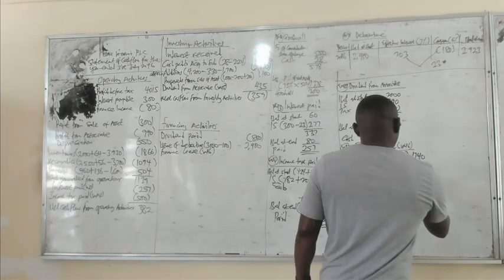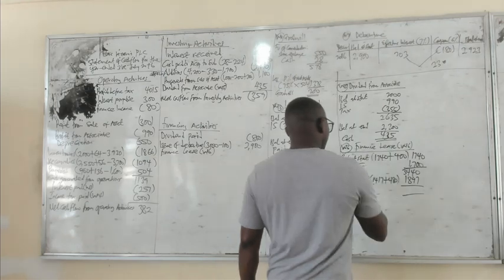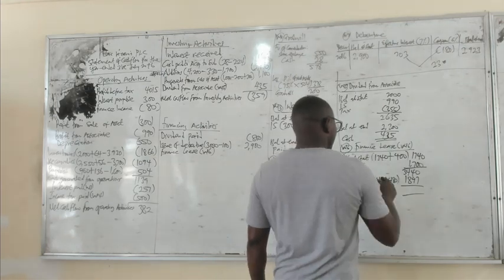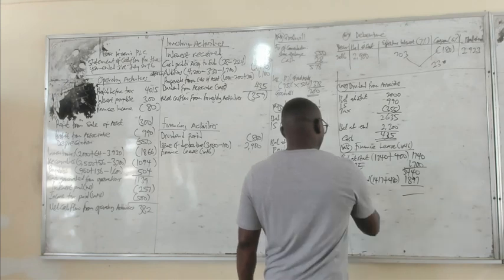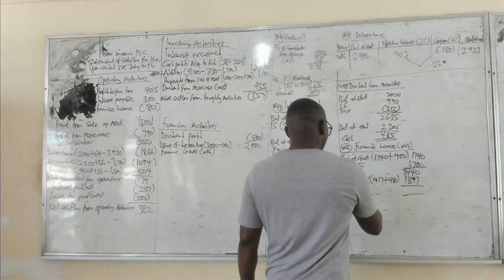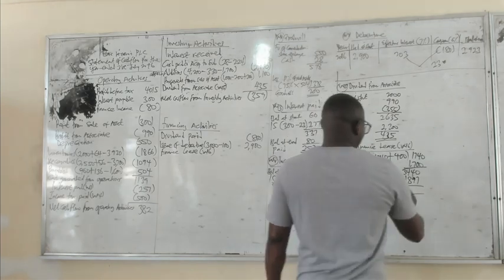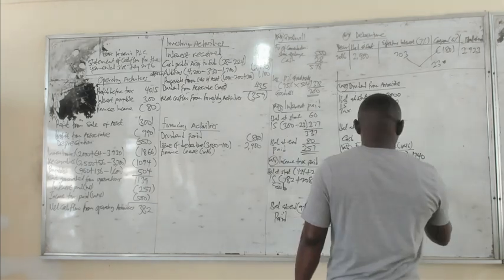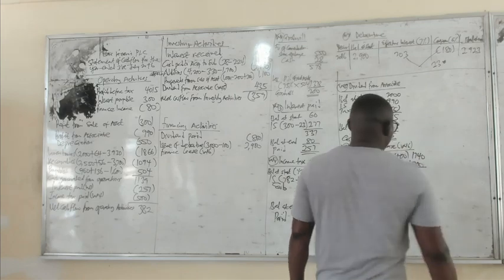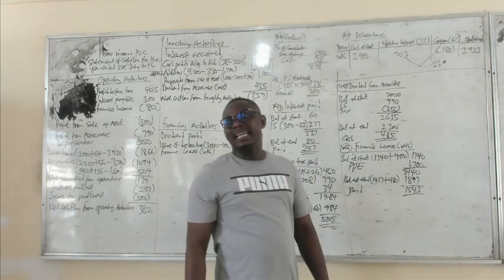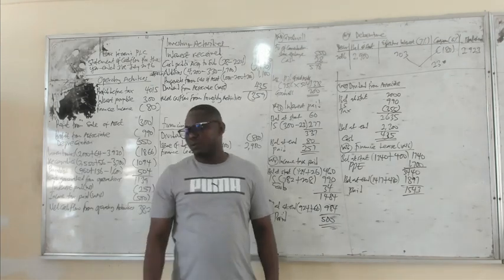So the payment will be 1543. Now the question is, how do you know whether it's a cash inflow or a cash outflow?